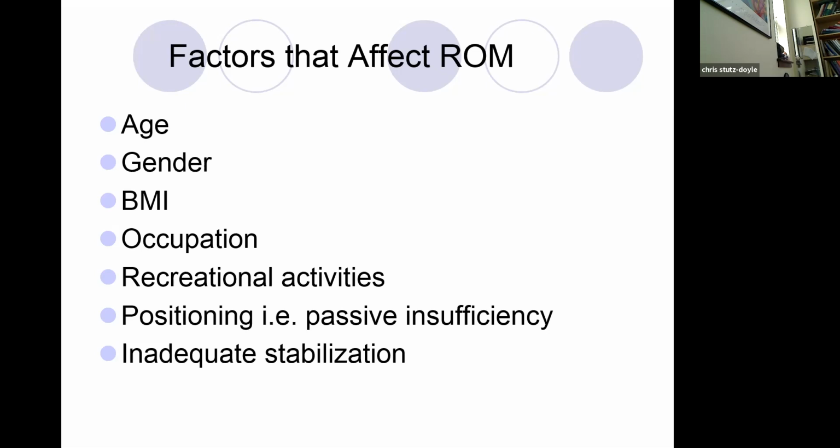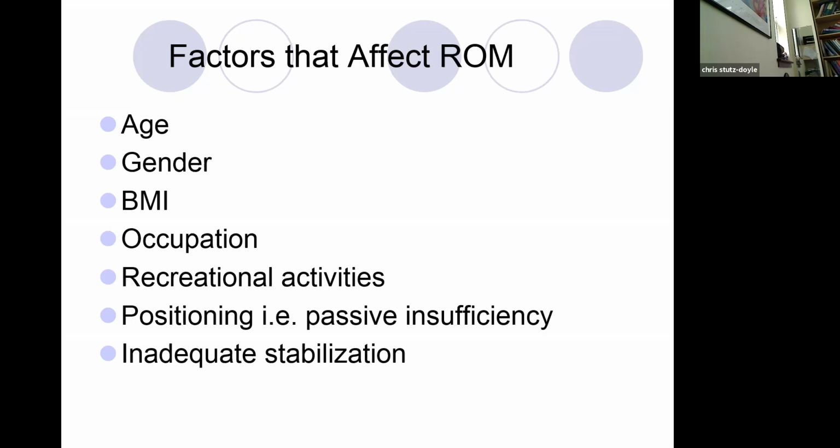So those recreational activities. Positioning, passive insufficiency. We already know what passive insufficiency is. As well as inadequate stabilization. Okay. You want to put the arm in neutral to measure the biceps because if the shoulder is in flexion and you want to measure flexion of the elbow, the triceps can be limiting your motion.